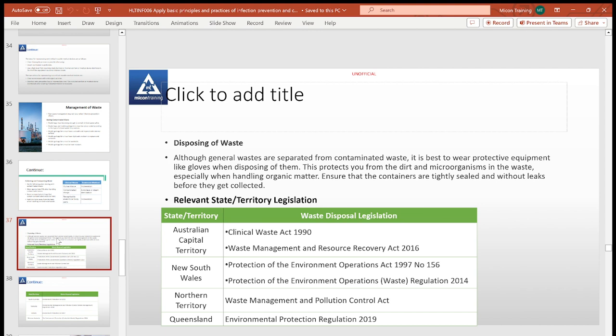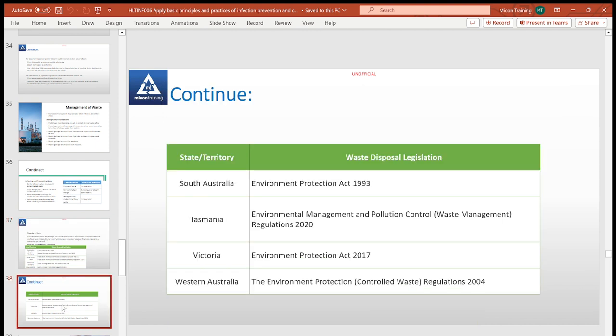While in New South Wales, we have the Protection of the Environment Operations Act 1997 No 156 and the Protection of the Environment Operations (Waste) Regulation 2014. This goes on to different states, so it is very important that we familiarize ourselves with the waste disposal legislation that is applicable to our state.